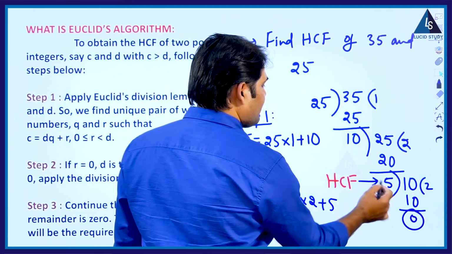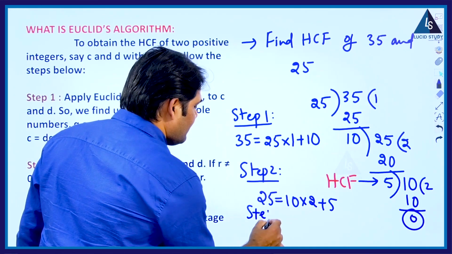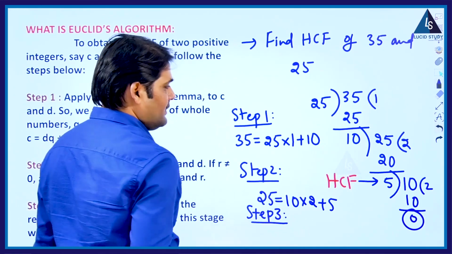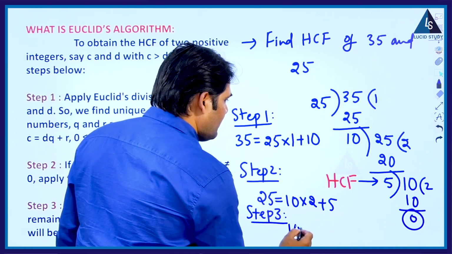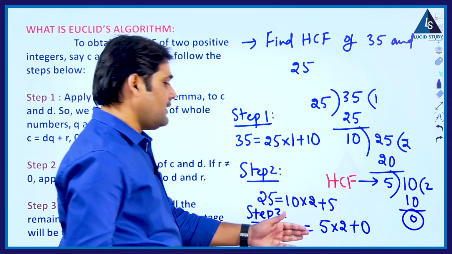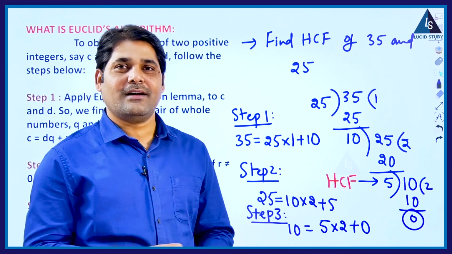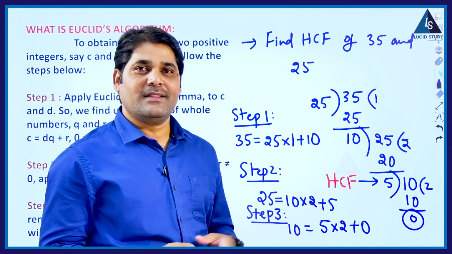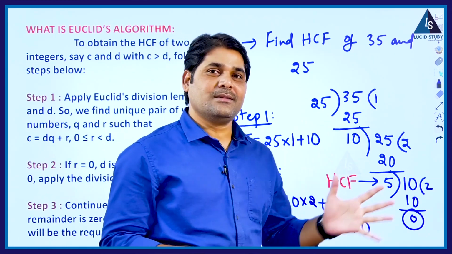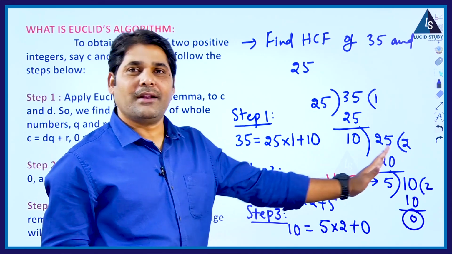Now in step 3, 10 is equal to 5 into 2 plus 0. That's all. We wrote HCF is equal to 5. So this is another way to do it. Maybe you know this method, I think. So follow this method in exams. You do this in rough and you do the other in fair.